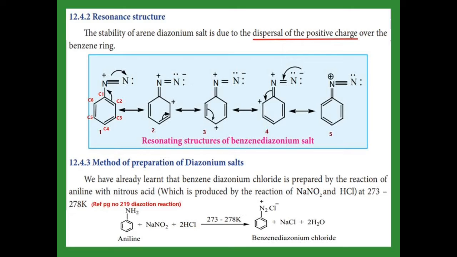And between the C1 and C2 carbons there is a double bond; the double bond electrons go to C1 and then nitrogen. So the C1 and nitrogen bond is now a double bond, and the C2 carbon loses its electron, so it possesses positive character.